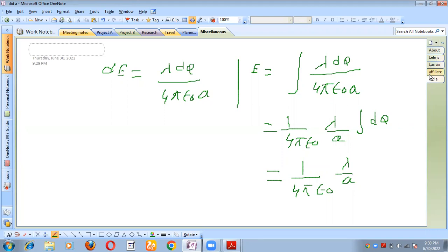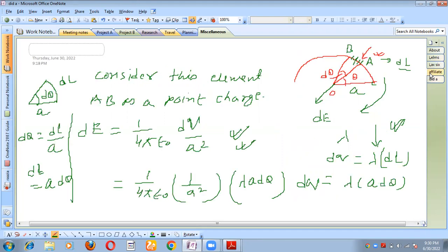Do you have some idea when we are using some limits in integration? How do we use limits? Here if you see, theta will vary from 0 degree to pi, right? Theta will vary from 0 degree to pi, correct or not?